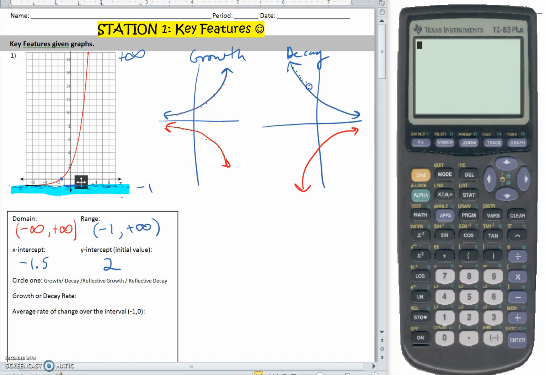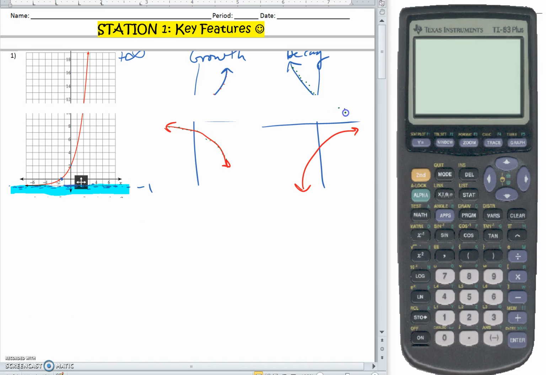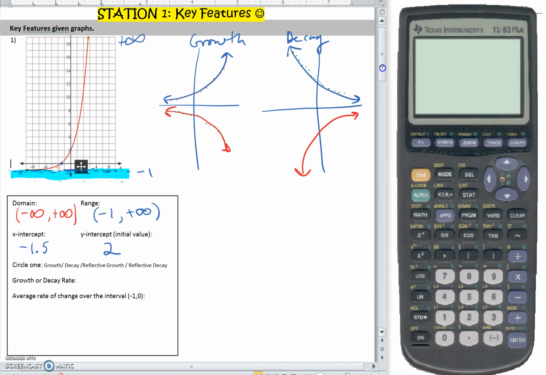Numbers are getting smaller, smaller, smaller, but on the reflective side, numbers are getting smaller and smaller, just in a negative value. Okay, they're becoming less and less and less negative and closer to the actual positive values. So if we understand those, we look at our model here and we say that this looks very close to that one. So it's exponential growth.